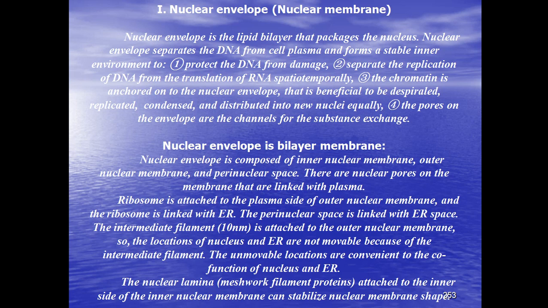That means these intermediate filaments are responsible for anchoring the nucleus in its position. The unmovable locations are convenient for the co-function of the nucleus as well as the endoplasmic reticulum.